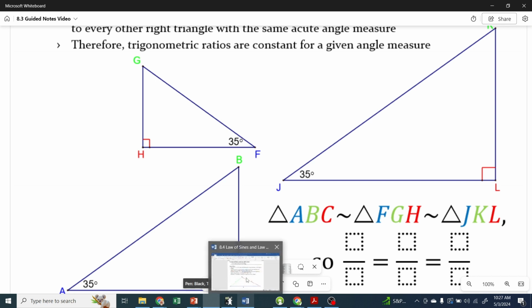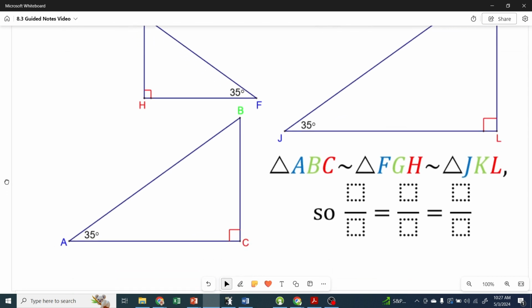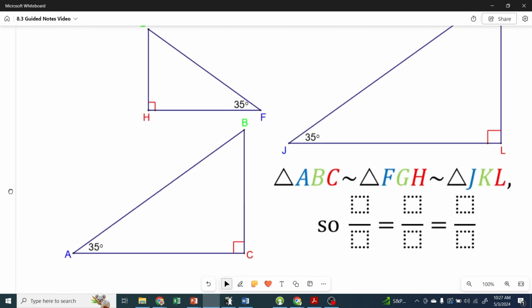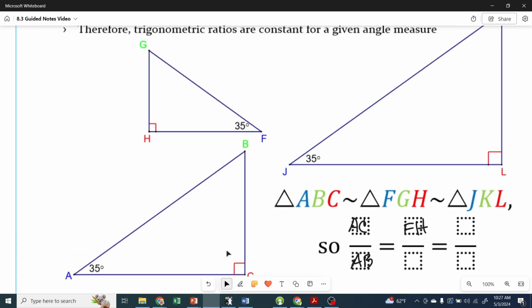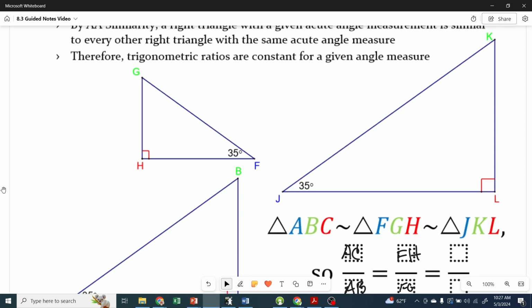So we would say then that AC over AB would be equal to FH over FG, right? And that would be equal to JL over JK.